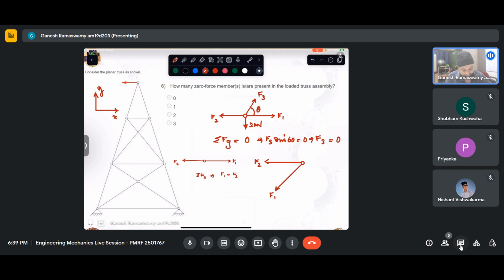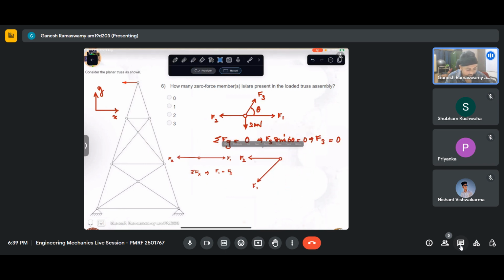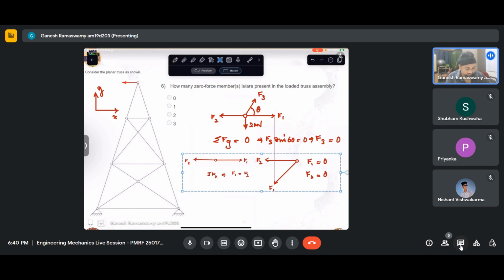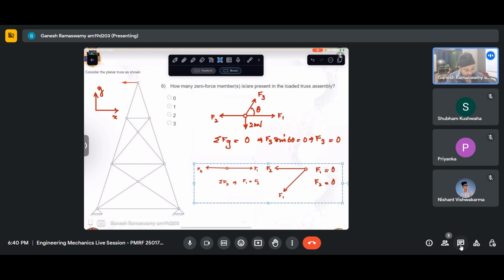So for this general case, this being a particular case of this, we can see that if we apply sigma Fx and sigma Fy, both would come out to be 0. F1 equal to 0 and F2 equal to 0. So from this, again, we can deduce one more condition, that if there is a joint where there are two non-collinear members and that joint is free of any force, in such a case, both the members would be carrying 0 force.